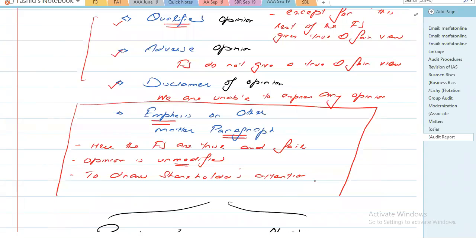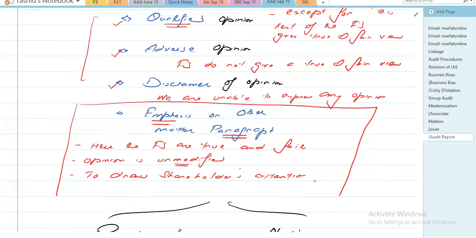And what is other matter paragraph? If you want to bring something to the shareholders' attention and that thing is related to the financial statements, we include an emphasis of matter paragraph. If something is other than the financial statements, such as related to internal controls, management responsibility, behavior, scope limitations, then you will write an other matter paragraph.